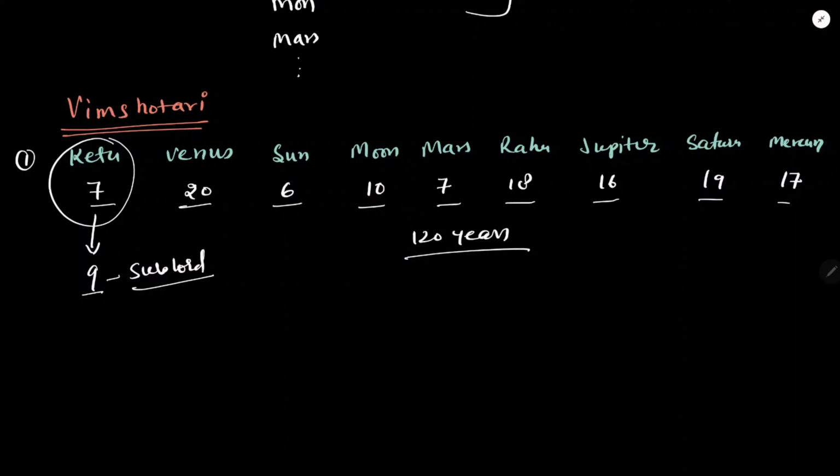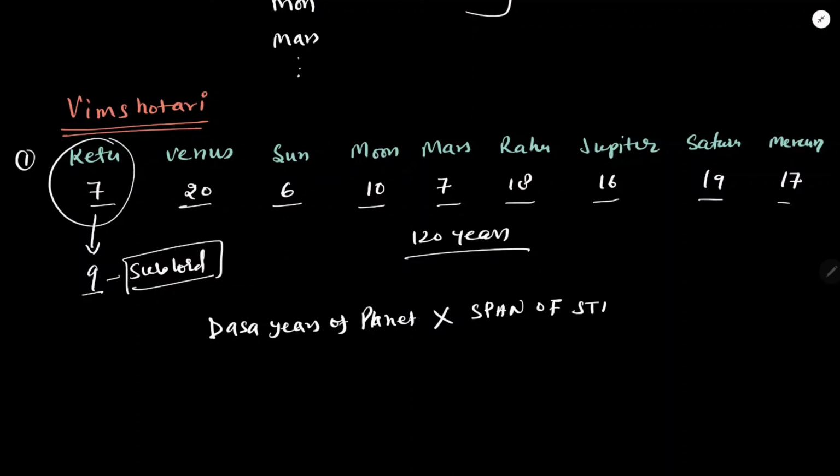And the formula for deriving this lordship is: the dasha years of the planet in question, multiplied by the span of the star, divided by 120. This 120 is nothing but the total years of a Nakshatra.